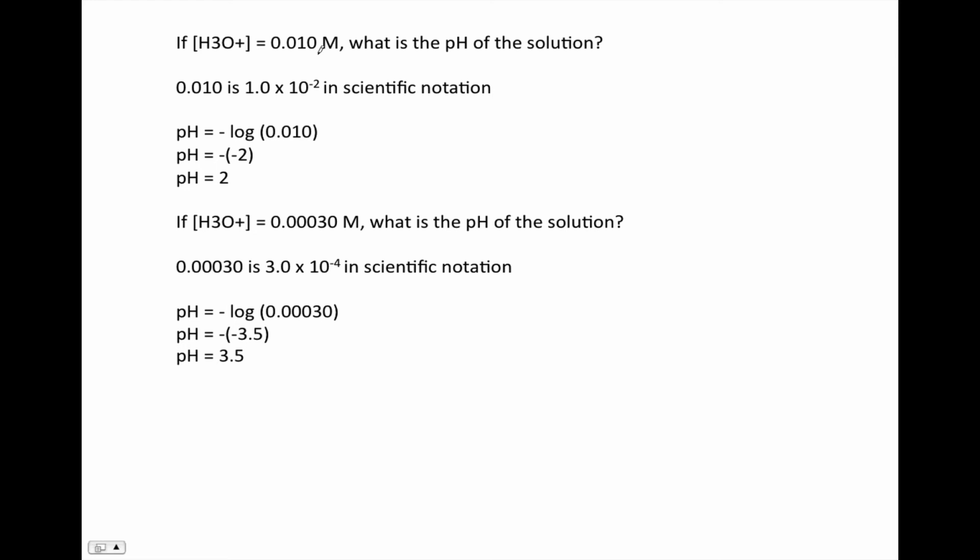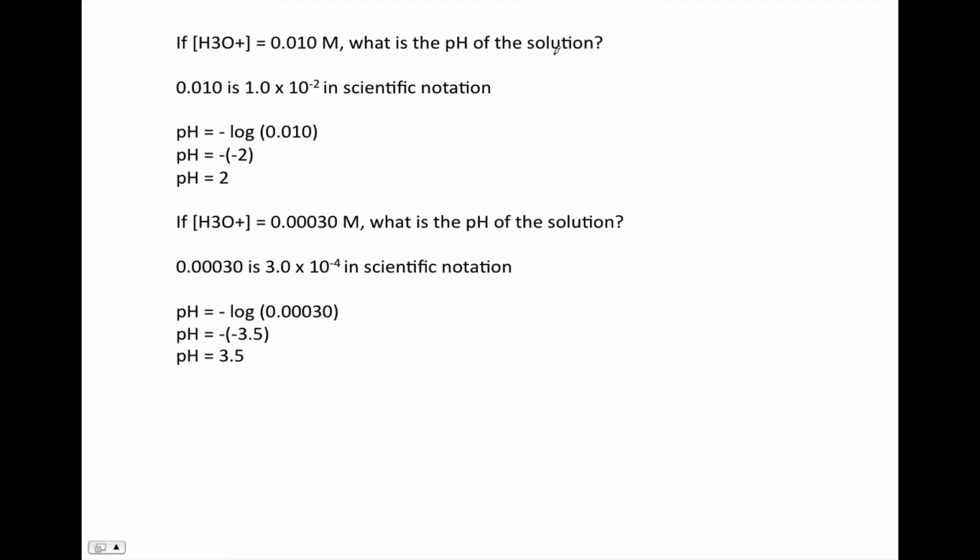So if we added enough acid to an aqueous solution so that the concentration of H3O+ is equal to 0.010 molar. Remember, here we have two significant figures because this 0 is a significant figure; this one and this one are not. They're just placeholders.